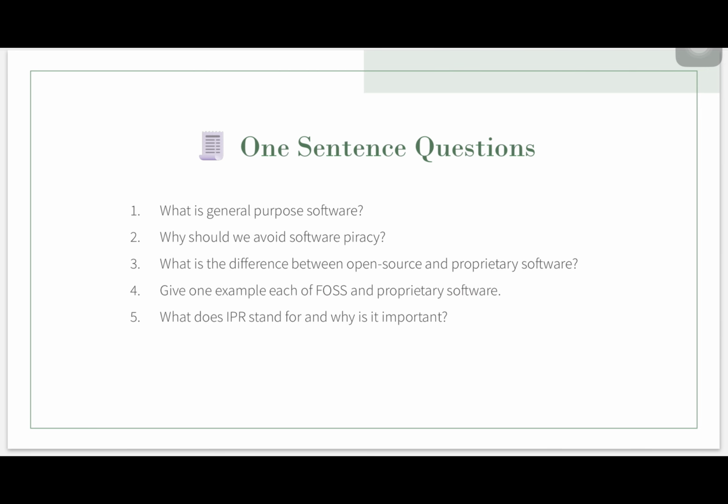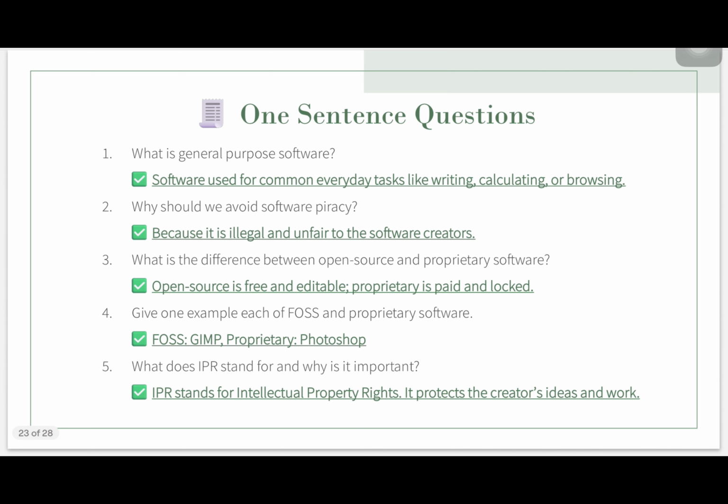Easy one. What does IPR stand for and why is it important? Now tell the answer. IPR stands for Intellectual Property Rights. It protects. Why is it important? Because it protects rights. See, general purpose software is used for common tasks like writing, calculating, and browsing. Second one, because piracy is illegal and unfair to the software creator.